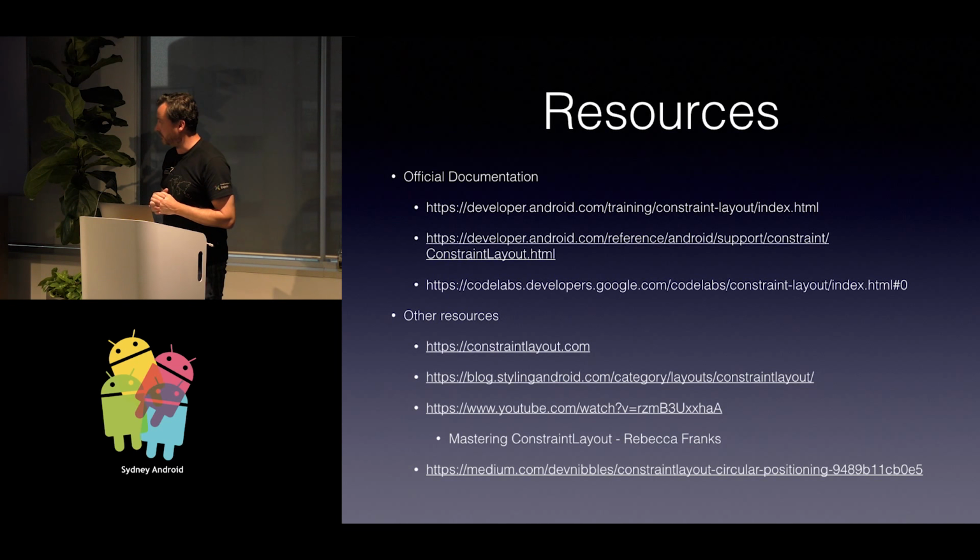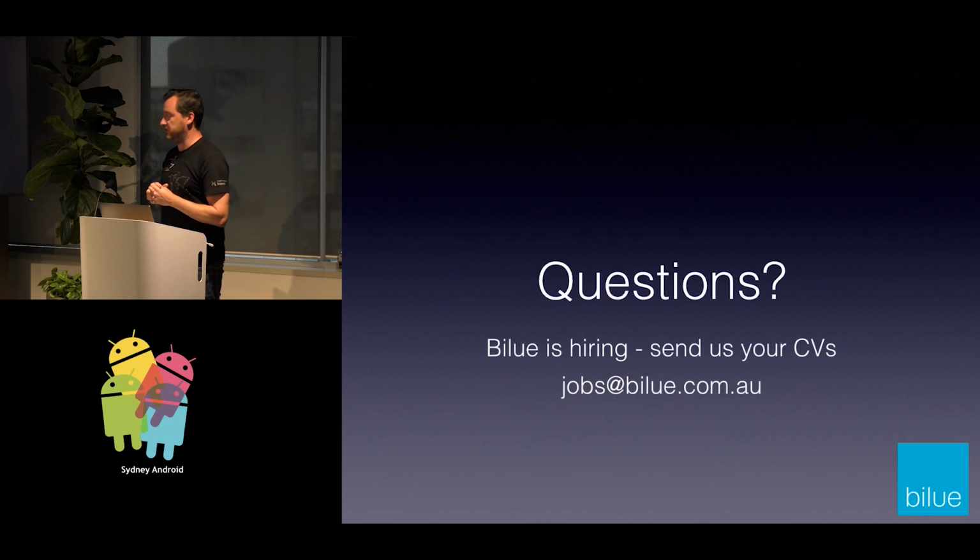She's done a video recently called Mastering Constraint Layout, which is a similar talk to this one, and she actually goes more into Android Studio. It gives you the visual thing, and hopefully we'll do a couple of minutes of that. And I wrote a little blog post as well about how to do the circular constraints, which was released this week. So if you want to do a clock or orbiting planets, I can't think of any other use cases, but yeah, you can use that as well.